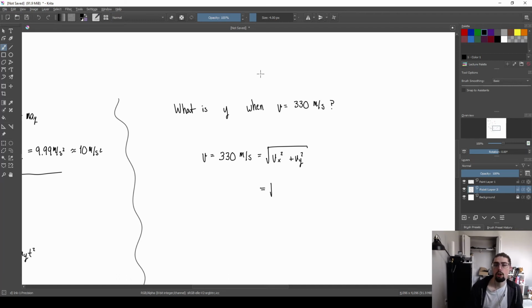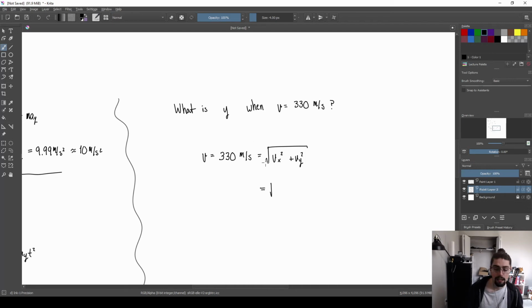One way is to try to find Vy from this, and then move forward with that, but it's doable and really nasty, because I'd have to find v of x first, and that's a little bit spicy. So instead, let me figure out how long it takes to get up to 330 meters per second, and then plug that in. Find the time, plug it into the y equation.